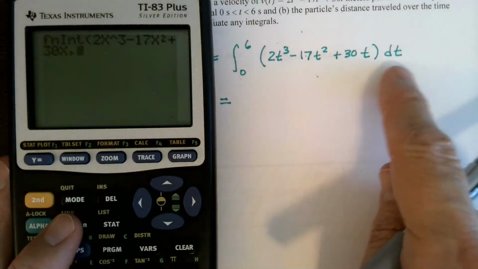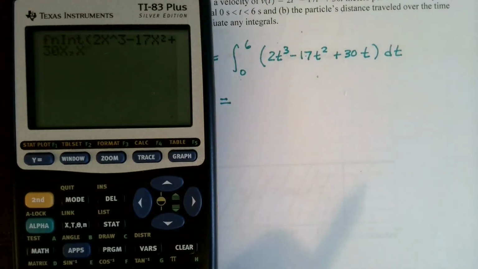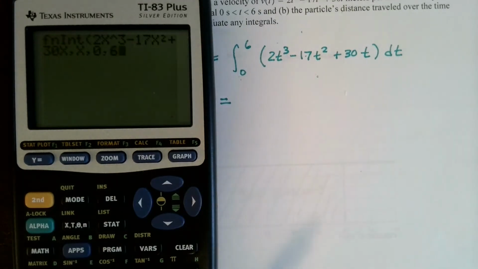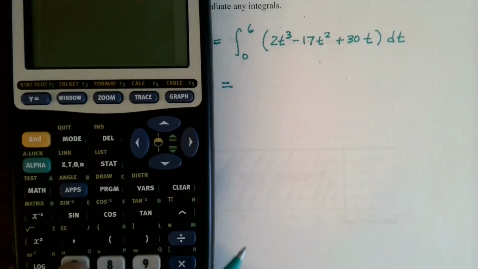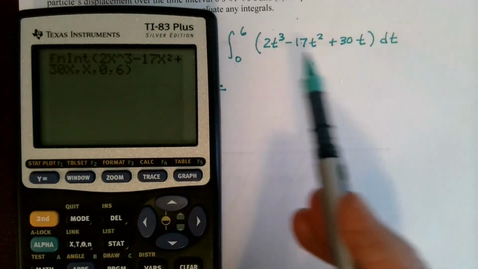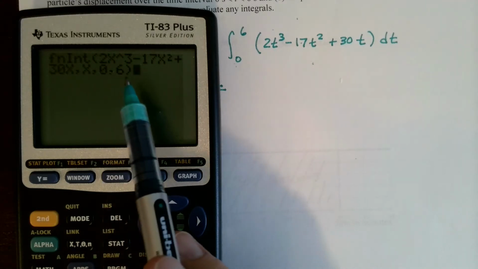Here, it was dt, so t is the variable of integration. I'm going to use x in the calculator. Comma, the lower limit, which is 0, and then a comma, the upper limit, which is 6. The comma key is right above the 7 key. Then close the parentheses. So that's the syntax: function integrand first, variable of integration after a comma, lower limit, upper limit.